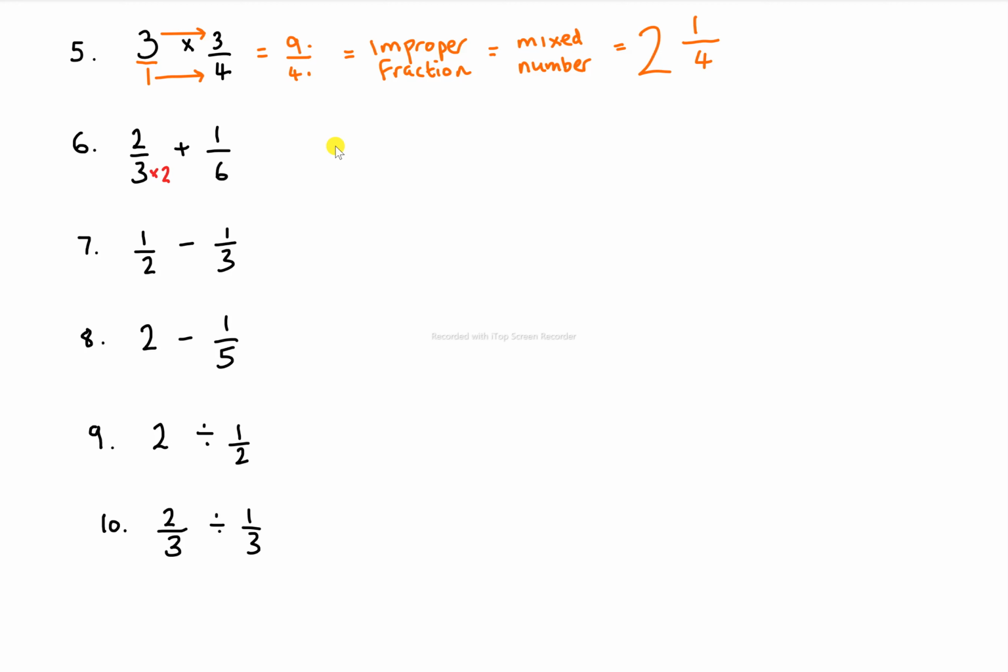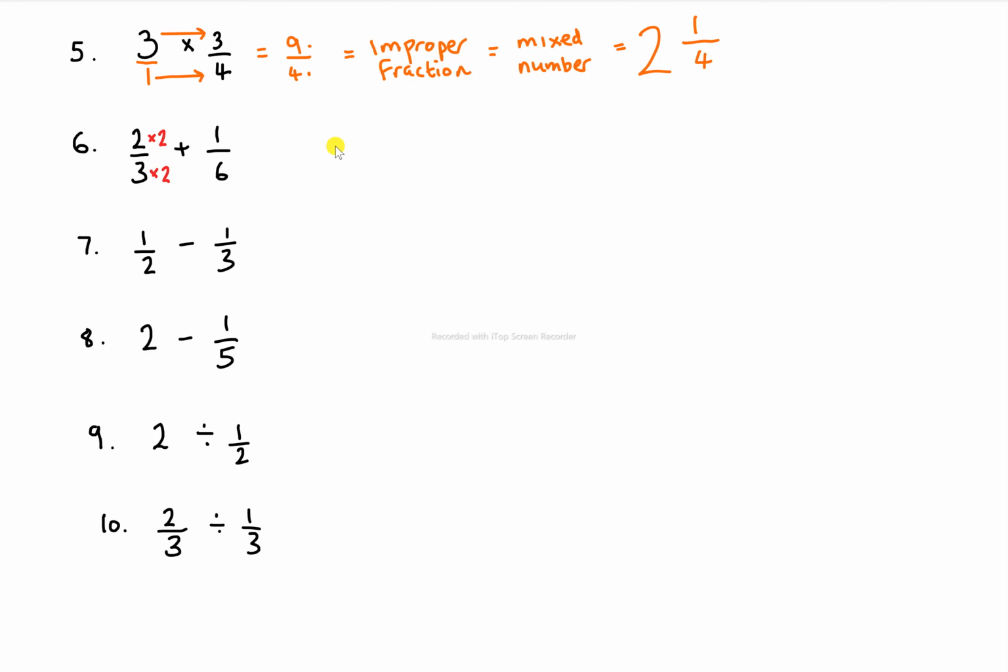Whatever I do to the bottom number, I do to the top number. Whatever I do to the denominator, I do to the numerator. So now, if you look carefully here, I have got 2 times 2 is 4. 3 times 2 is 6.